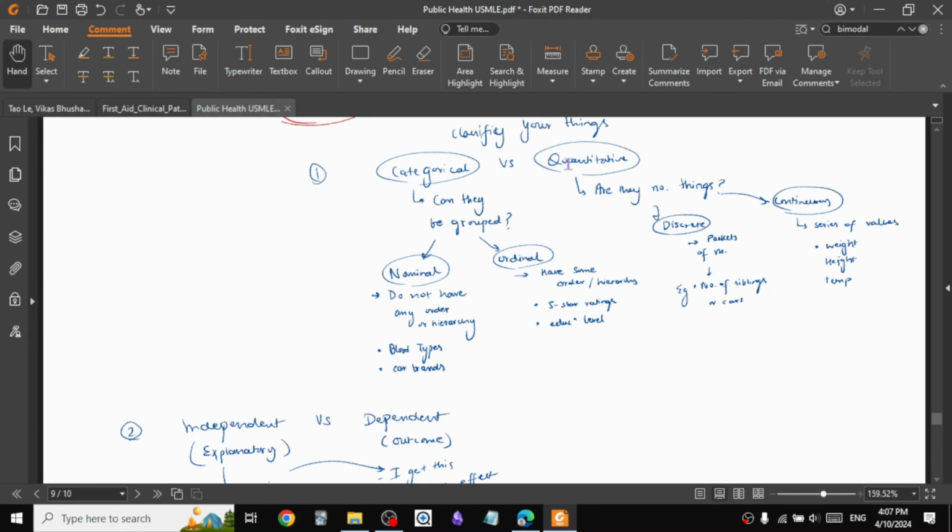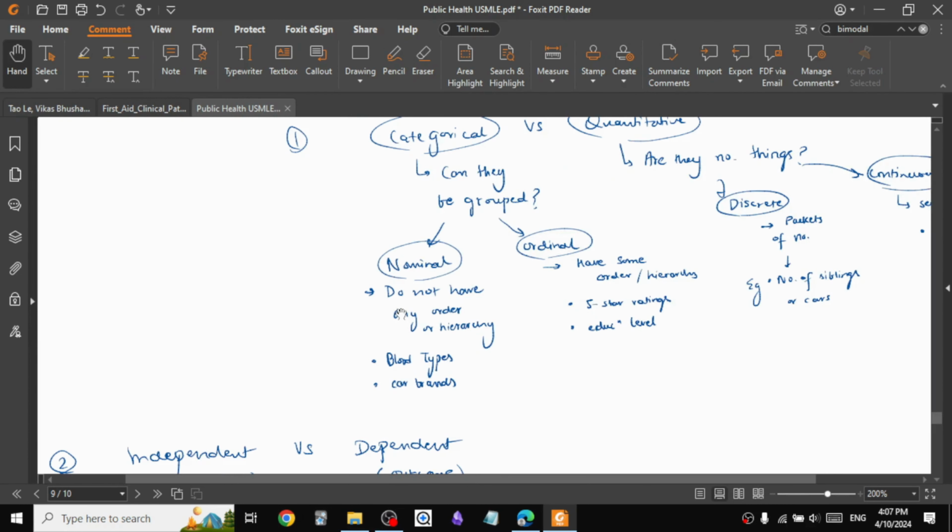Okay, how do we sub-classify categorical? We divide it into nominal and ordinal. What does nominal say? It asks, do you have any order or hierarchy? Nominal doesn't have any intrinsic order. Examples are blood types, car brands, right? I have Toyota, Hyundai, Mazda, Volkswagen.